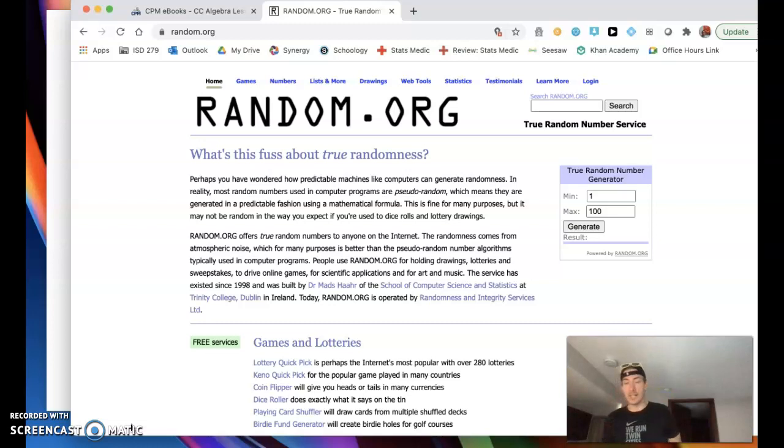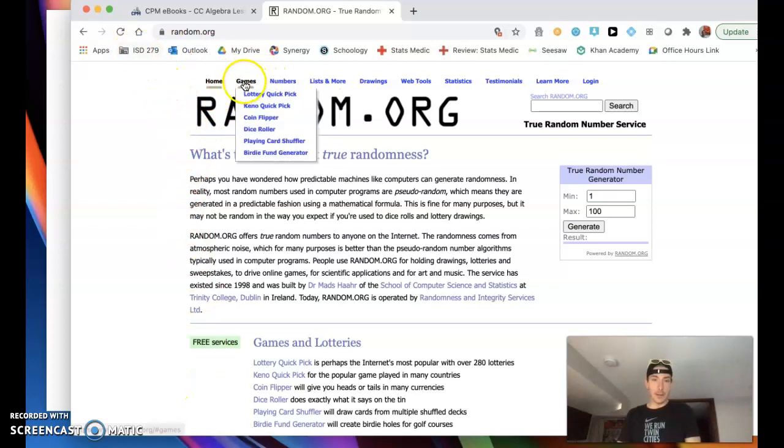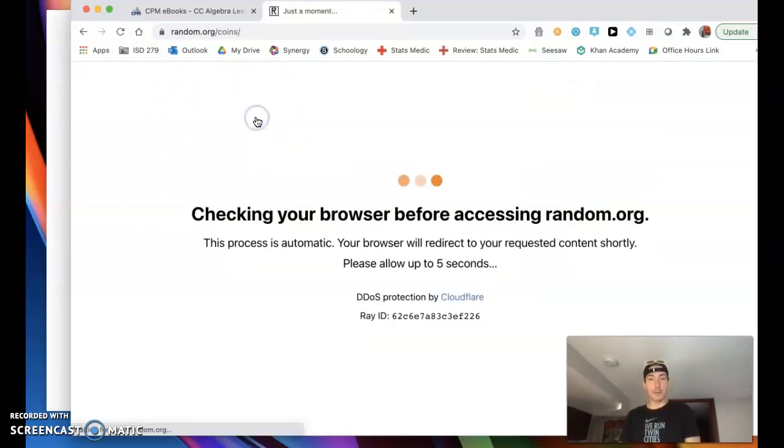Now, random.org is an online calculator, and it is just super fun to play with. If you have the ability and the free time to just goof around with it, it's really, really fun. You're going to see me do some pausing and some filling in, but we're going to do this first flip live together. I just go to random.org, and I go to games where it says coin flipper. It's going to maybe do a check or two on your browser as well.